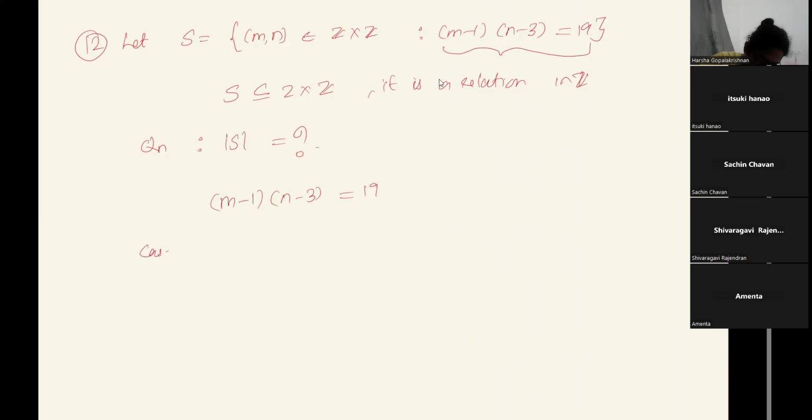Either 1 or 19, yeah, because 19 is a prime. 19 can be written as 19 into 1, or 1 into 19. Or 2 more possibilities are there, because it is in Z, not natural numbers.